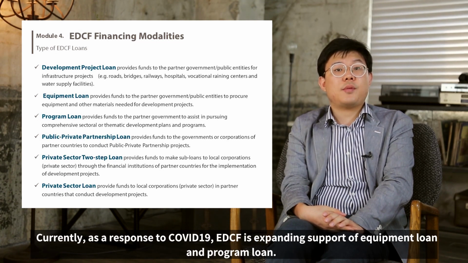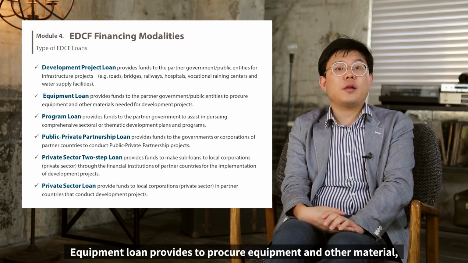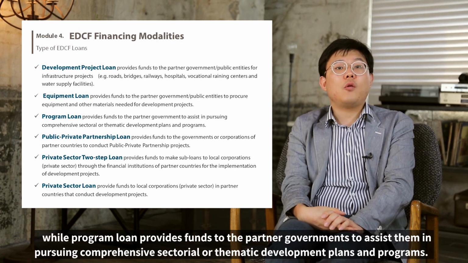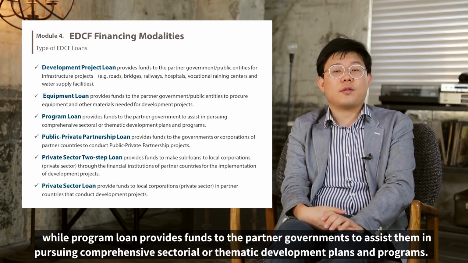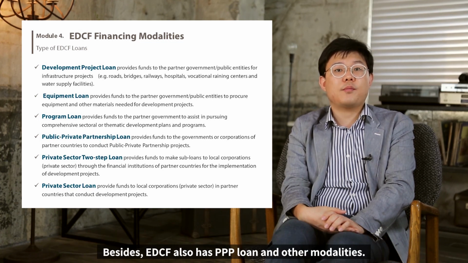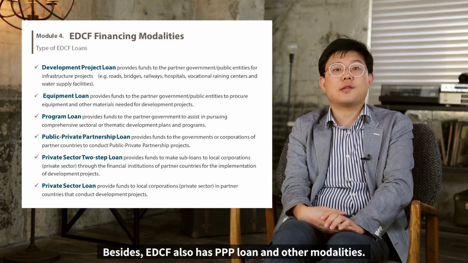Currently, as a response to COVID-19, EDCF is expanding support to equipment loan and program loan. Equipment loan provides funds to procure equipment and other material, while program loan provides funds to the partner government to assist them in pursuing comprehensive, sectoral, or thematic development plans and programs. Besides, EDCF also has PPP loan and other modalities.